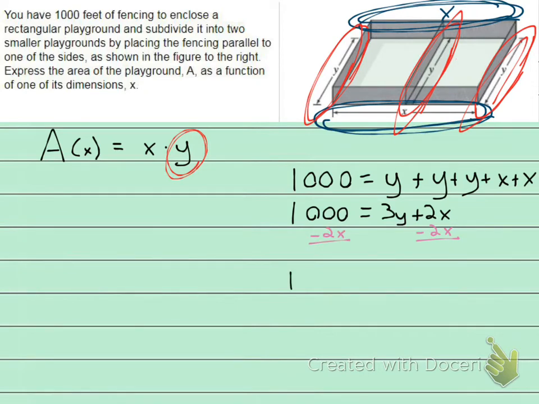And then we have 1,000 minus 2x equals 3y. 2x minus 2x canceled out. So one more step to get this grumpy old y by herself is to divide out the 3. So I'm going to divide both sides by 3.